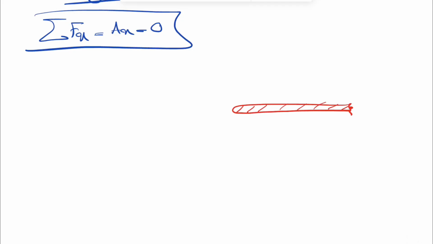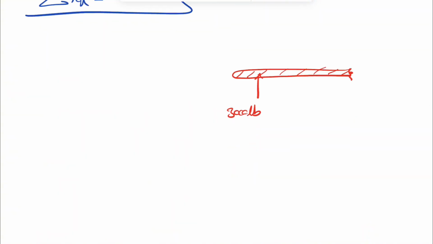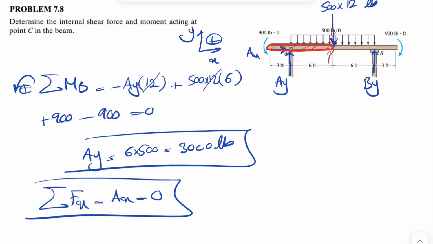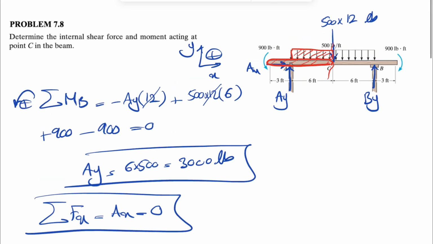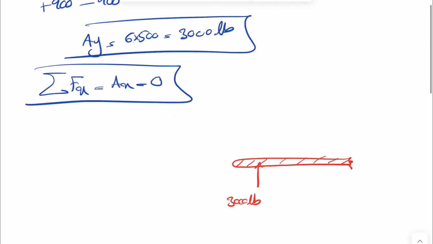So we figure that there is no Ax. We have our Ay, which was 3,000 pounds. And we have the distributed force on top of the beam, but the distributed force that we have in this part is half of what we found in here, and it's going to be exactly at the center. So it will be somewhere in here.